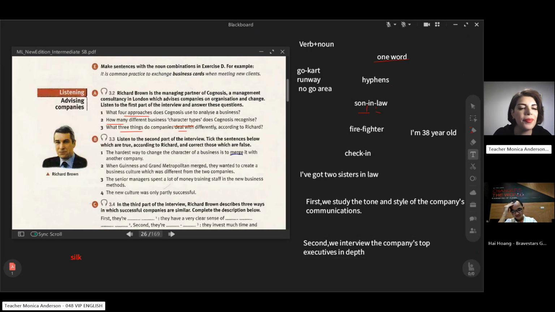And the third one. Third, we conduct research more broadly across the company's staff and its customers. Let me say it clearly, so you can easily understand. Third, we conduct research more broadly across the company's staff and its customers. Is it clear now?